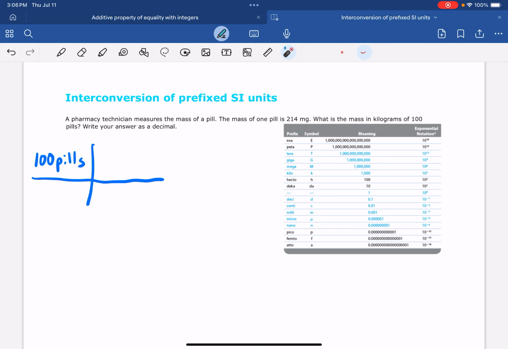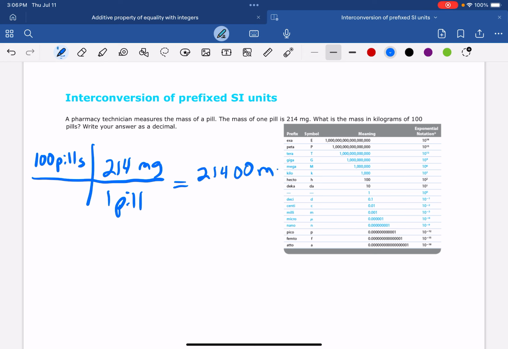So for every one pill, it's 214 milligrams. Essentially all we're doing is multiplying 214 by 100. And if you've done this before, whenever you're multiplying by something that has zeros, you just add those zeros on the end. So that's going to be 21,400 milligrams.